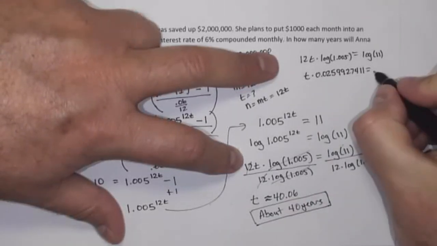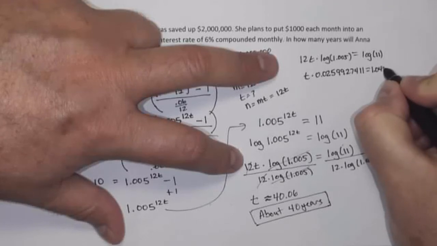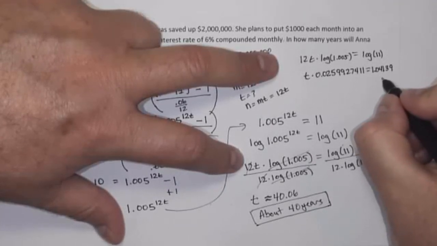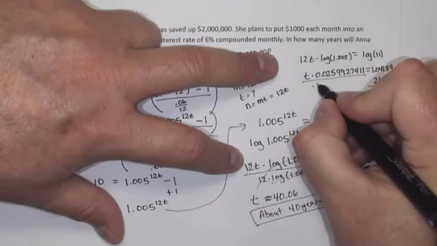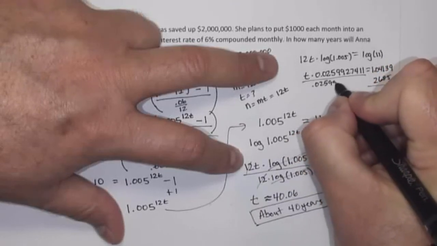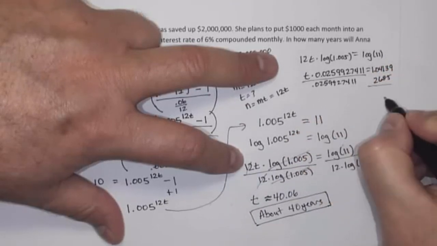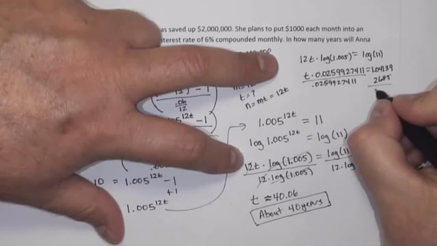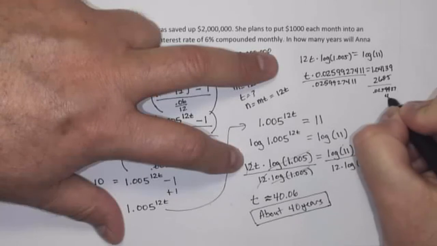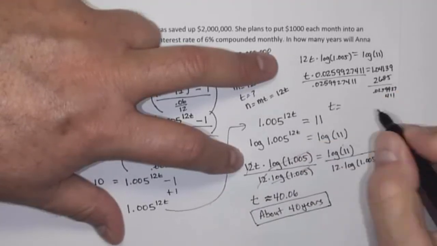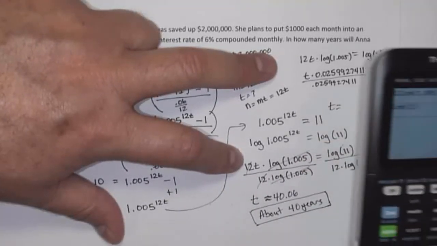So this equals 1.041392685. And so then I could have divided both sides by 0.025992741. So if I divide by that 0.025992741, then I would get t equals whatever that is.